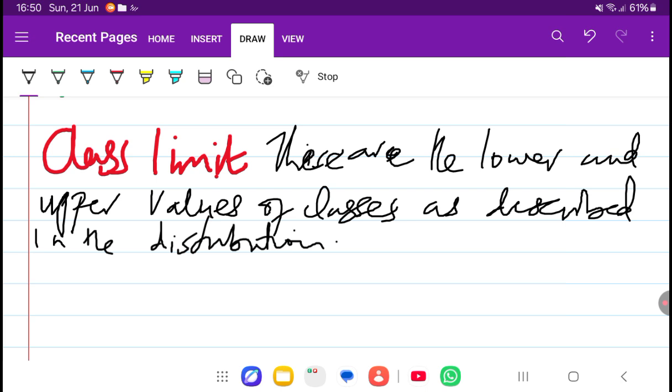So the lower class limit, there are two.